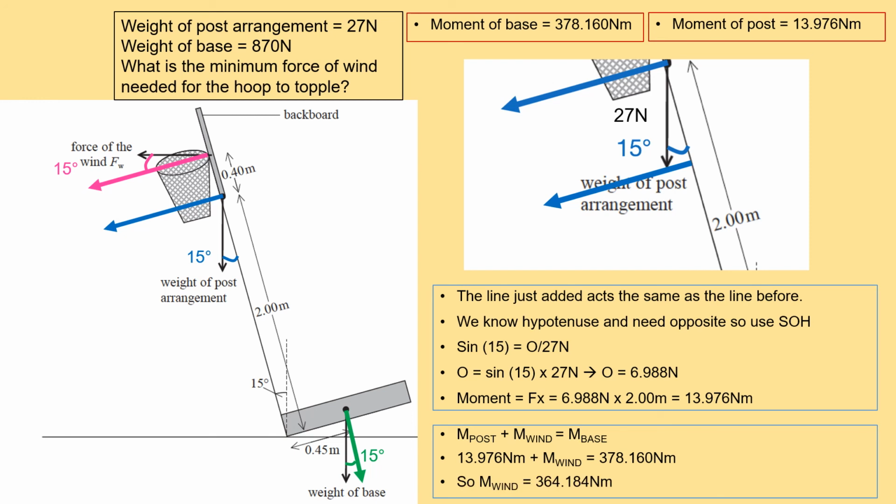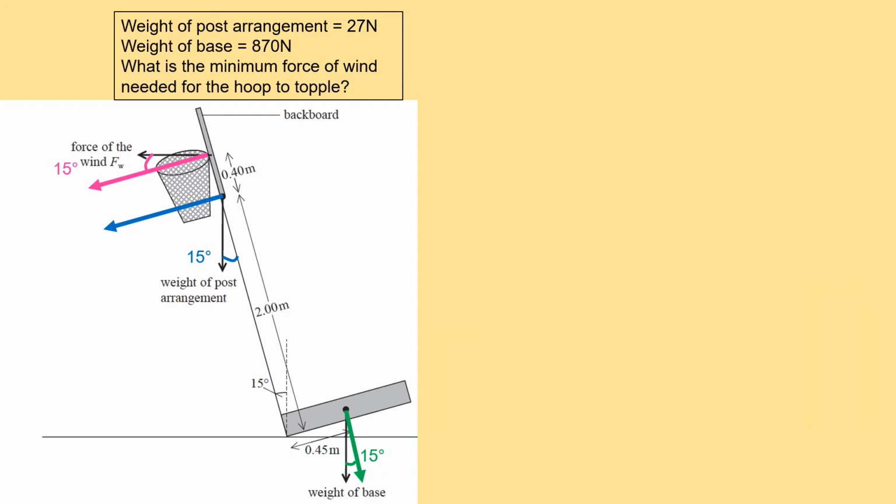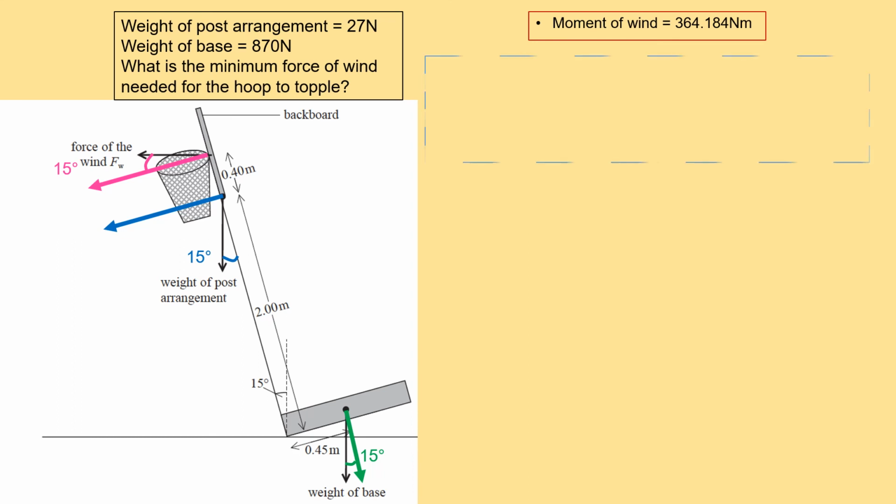So the moment from the wind has to be 364.184 Newton meters. And we know that the moment is going to be the distance from the pivot, that's 2 meters to the center of mass of the post arrangement, plus the 0.4 meters, because this is where we're told the force of the wind is acting.